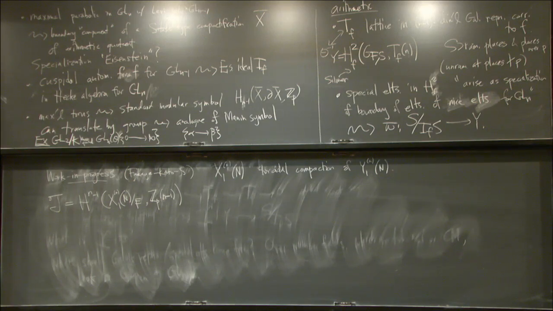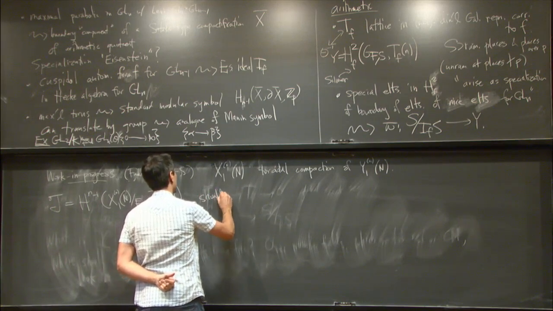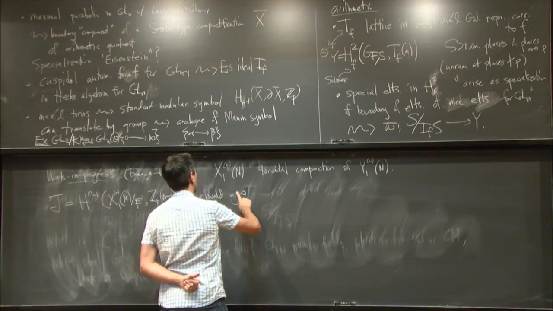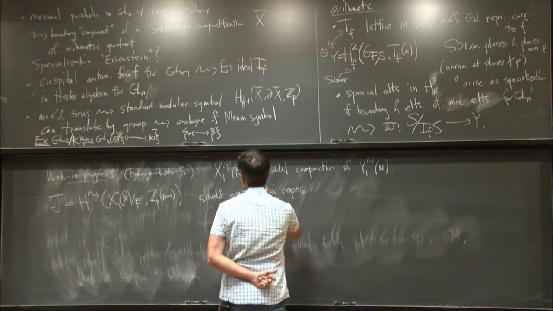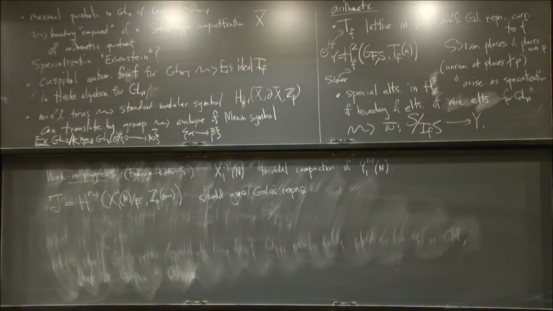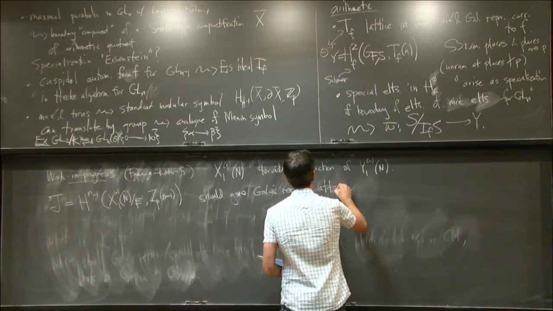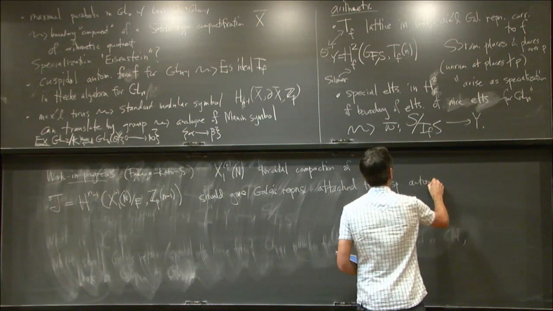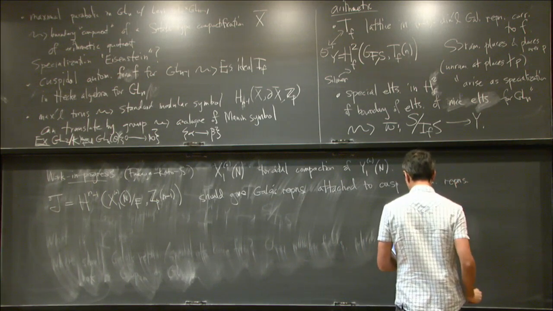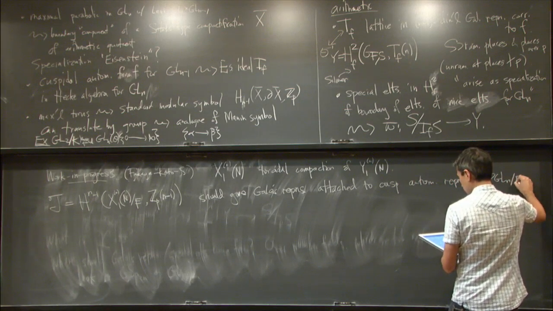Okay, so then there's a lot of stuff. Again, I get to the point where I have to get speculative again. This should give Galois representations attached to cuspidal automorphic representations of PGL n over F, with certain properties.